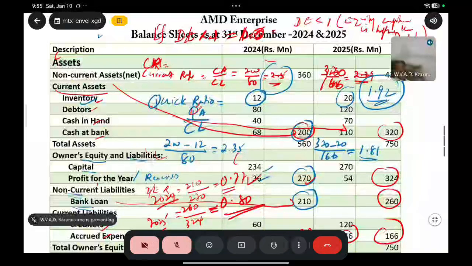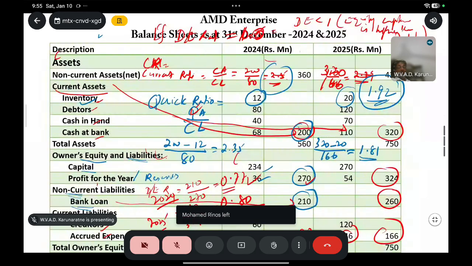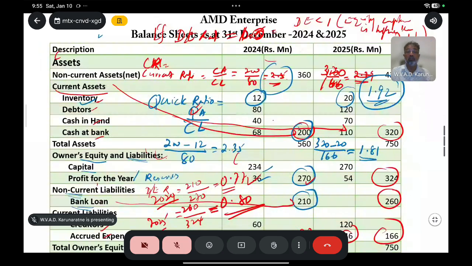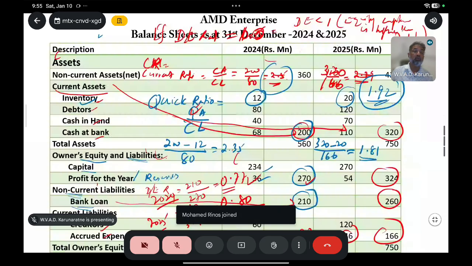But if you go to the year 2025, it has increased by a small amount of loan. That's the reason. You can see loan capital increased by a particular amount. Previous year 210, and this year 260, increased by 50. In this way, you can calculate the debt equity ratio.